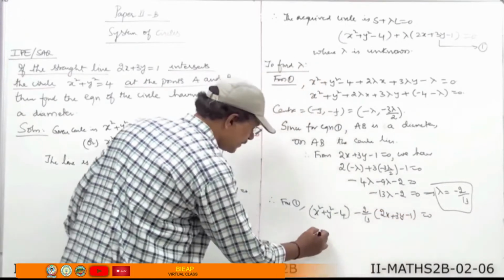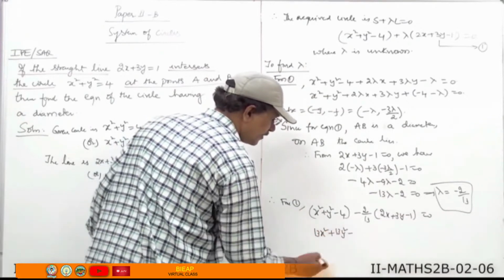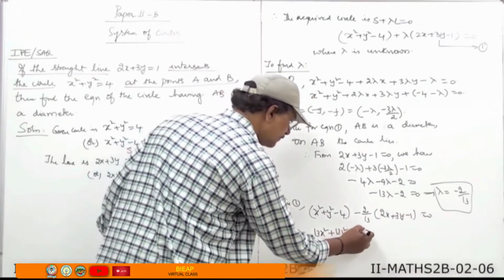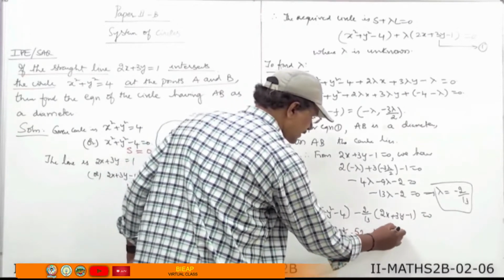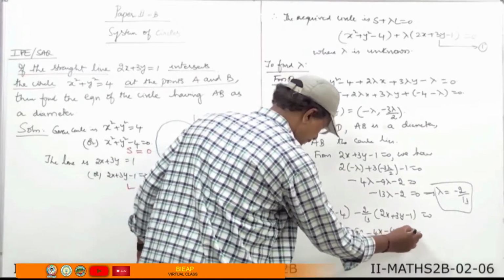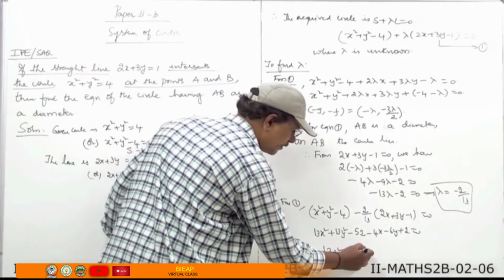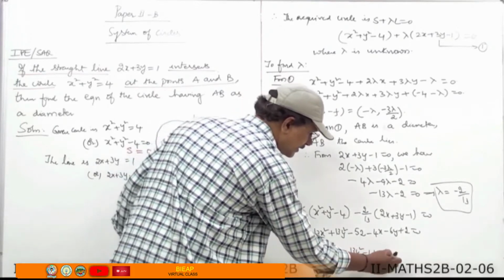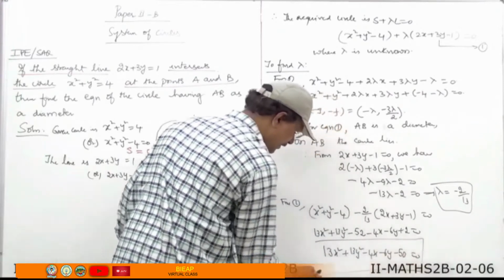Take LCM: 13x square plus 13y square minus 52 minus 4x minus 6y plus 2 equal to 0. So 13x square plus 13y square minus 4x minus 6y minus 50 is the equation of the required circle.